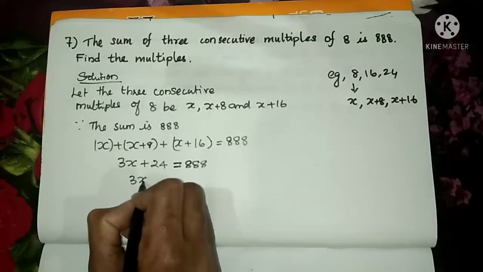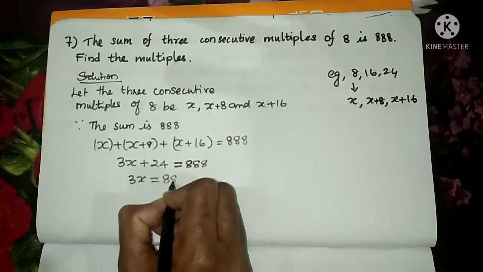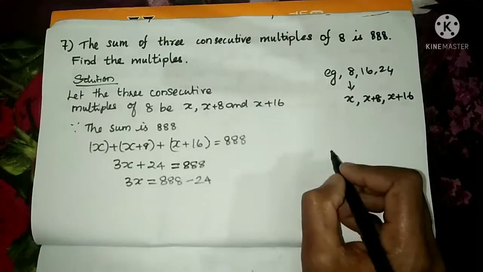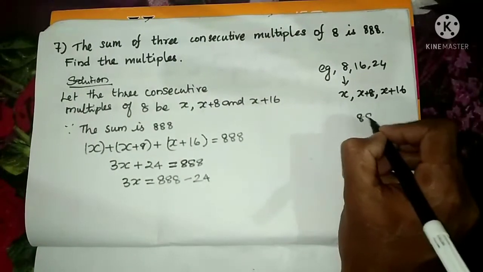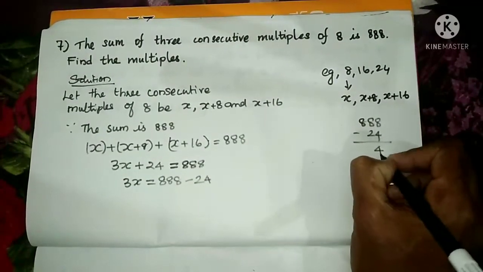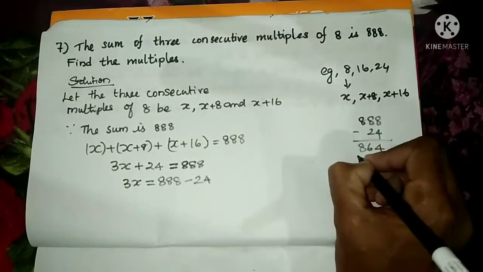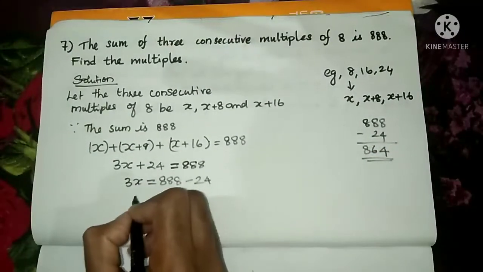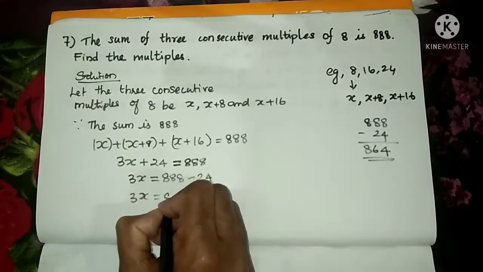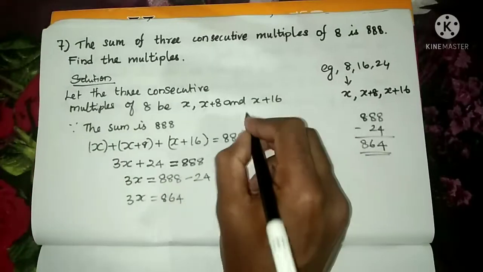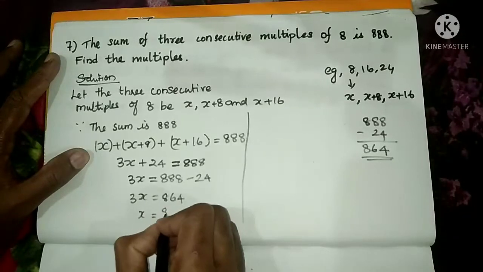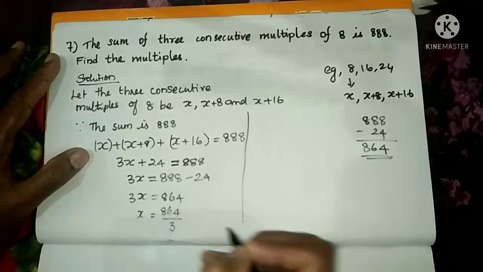So 3x is equal to 888 minus 24, which gives 864. So 3x is equal to 864. Now we can divide 864 by 3.